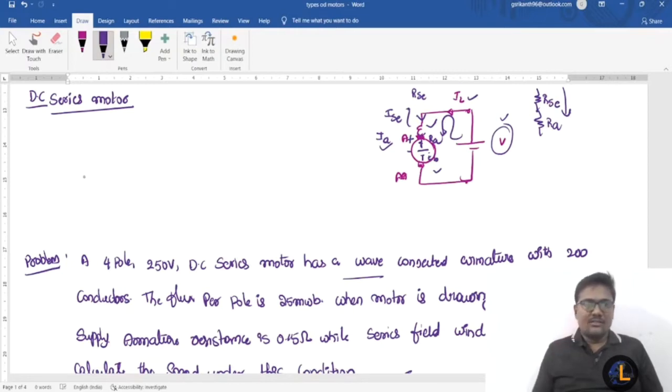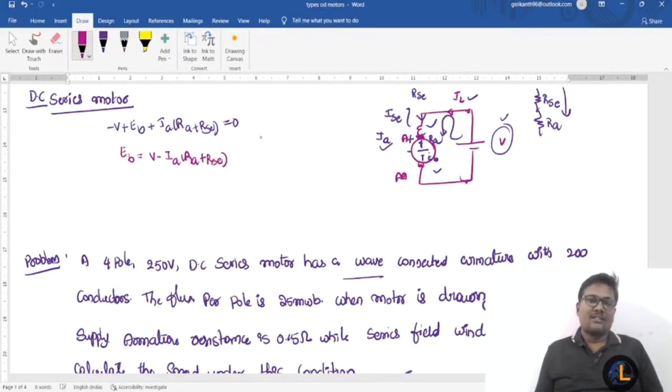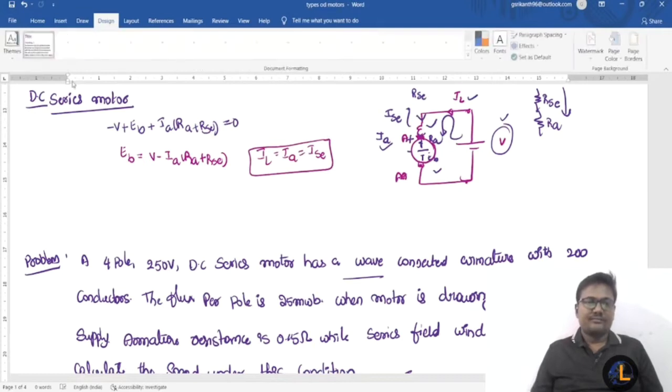If you apply KVL to this loop, minus V plus EB plus IA into (RA plus RSC) is equal to 0. So EB is equal to V minus IA into (RA plus RSC). And one more thing, IL is equal to IA is equal to ISC in a series combination.